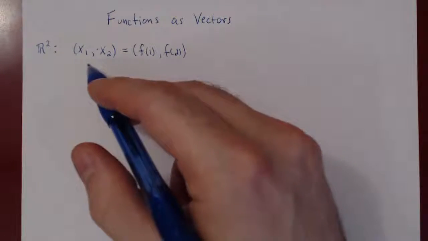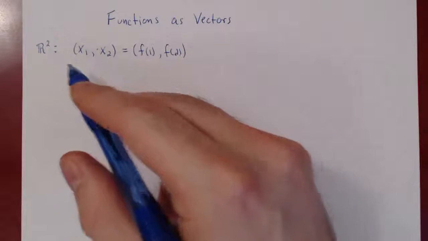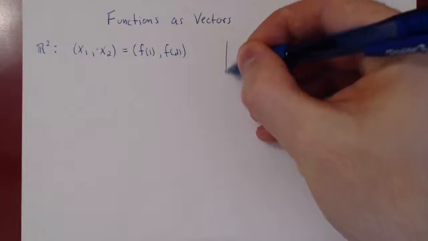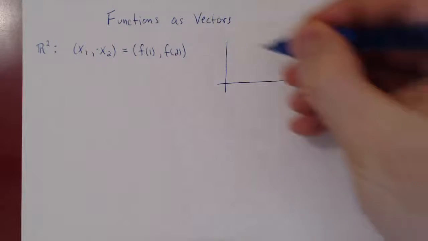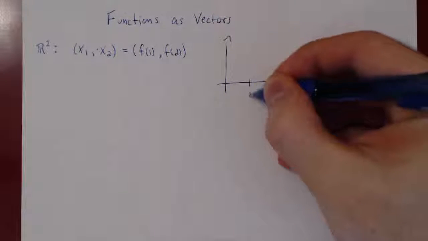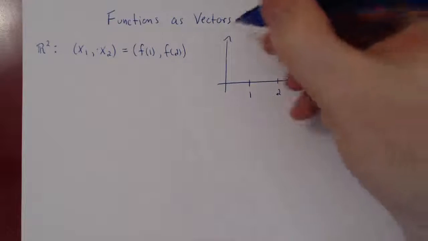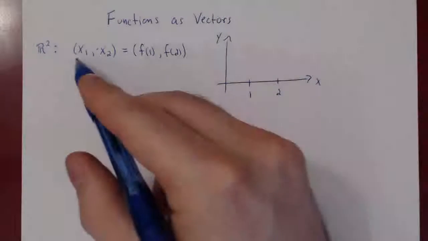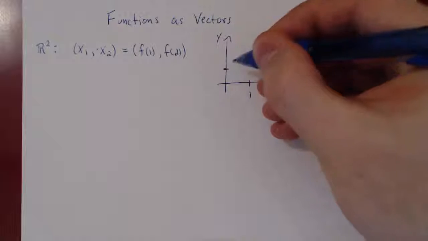And so you can now view this vector in R2, which is a directed line segment, as the graph of a very simple function that is only defined on the first two positive integers, 1 and 2. And the value assigned at x equals 1 is x1, say this value.